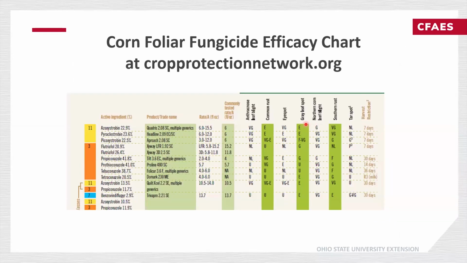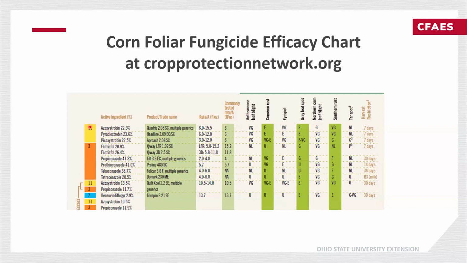And a nice tool that you can use available on cropprotectionnetwork.org. It's a fungicide efficacy chart. So they have this for corn and other field crops like soybean. And what it is, our pathologists, along with other states, are combining those fungicide efficacy trials to get a good rating on how well these products do against various diseases that they're labeled against.